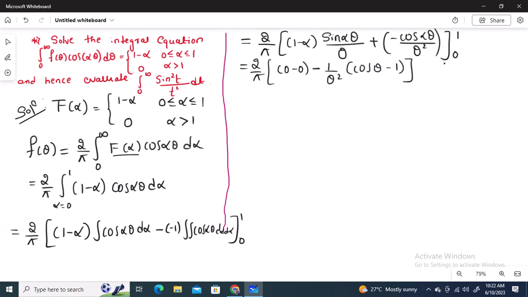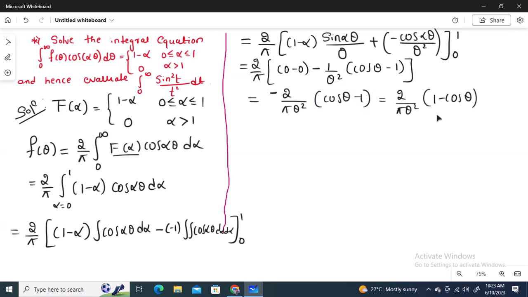So if we simplify further, you can multiply 2 into minus 1, minus 2, because the other term is 0. Pi into theta square, pi theta square, that we have to write. So minus 2 divided by pi theta square into (cos theta minus 1), or if I rewrite, this is 2 by pi theta square (1 minus cos theta), by taking the minus sign outside.